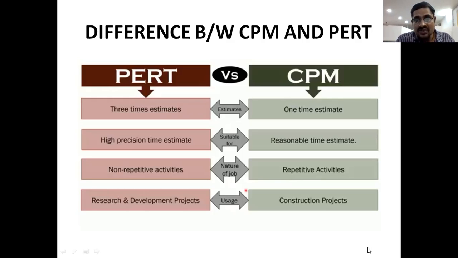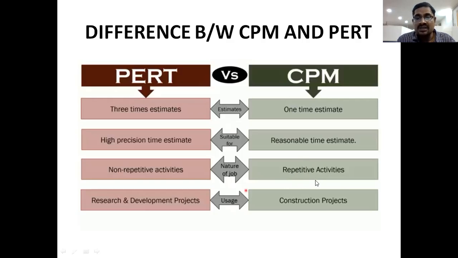So that's why in this CPM, preceding activities, time, cost, estimations, next input and output planning, resource allocation, these all things are similar to each other. So that's why the total project completion activities are repetitive in nature.